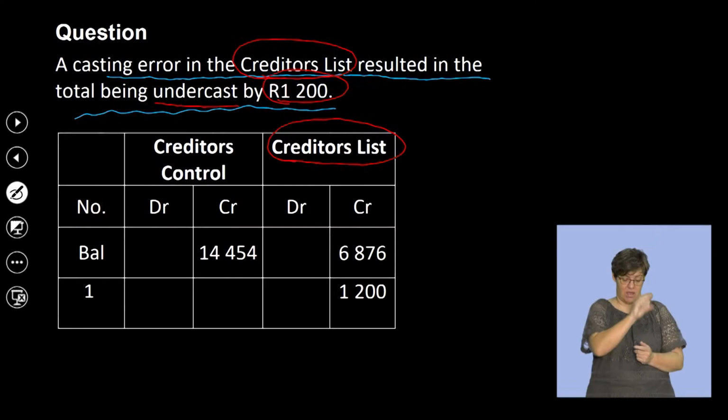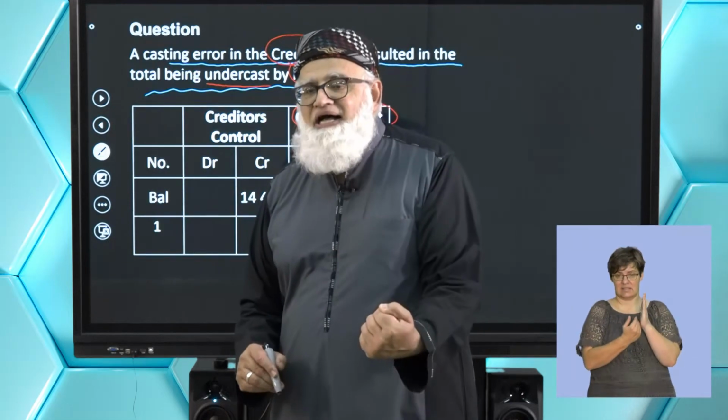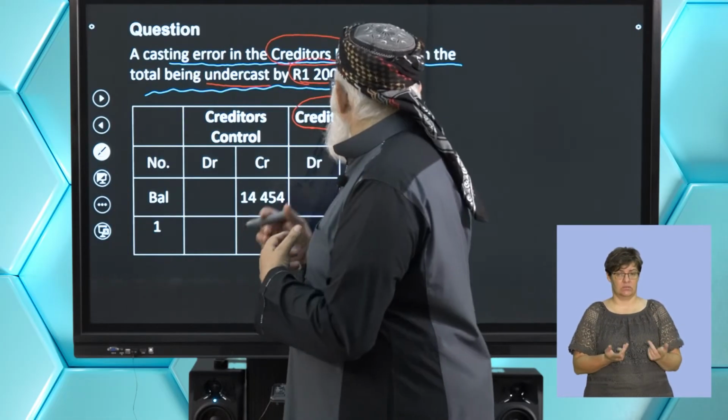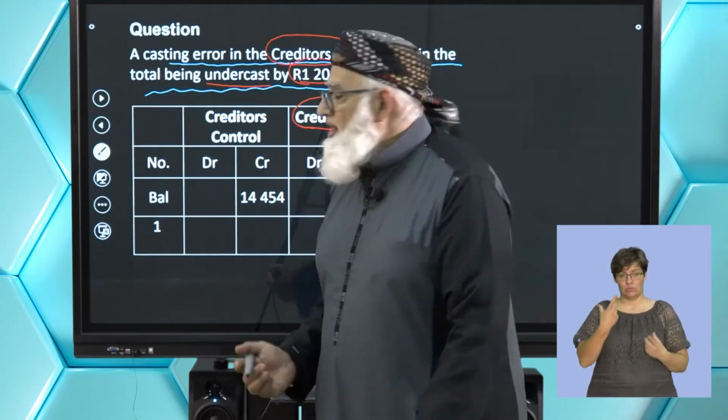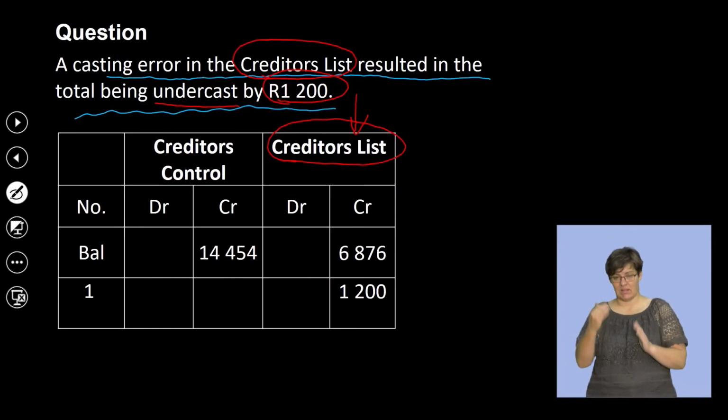Therefore, focus on my creditors list. Debit, credit. What do I want to do to my creditors list? It was undercast. Immediately, what am I going to do? On the credit side, I'm going to add the 1,200.